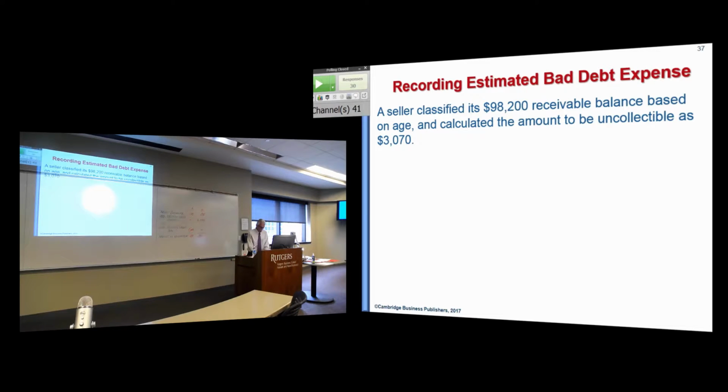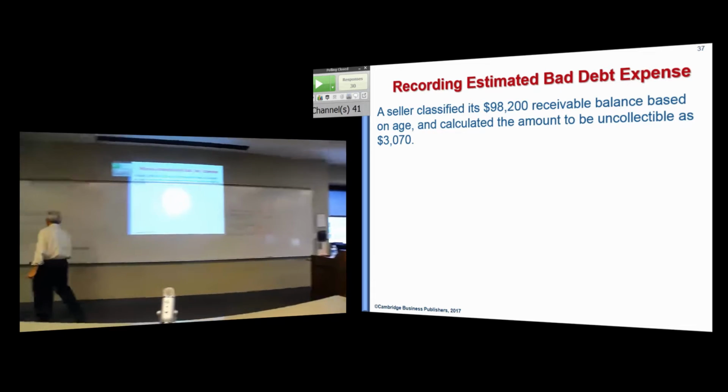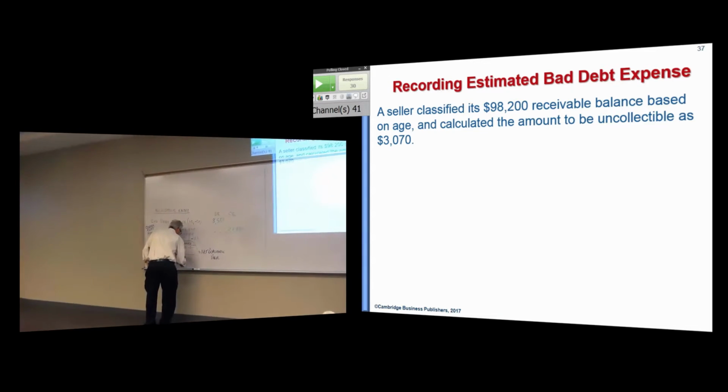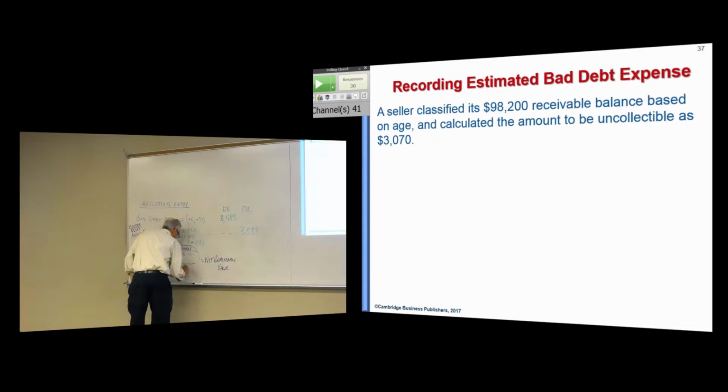So now there's no balance in the allowance for bad debts. So there is no opening balance. So the beginning balance is 0. And the target balance is 370, so that the adjustment has to be 370 based on aging.